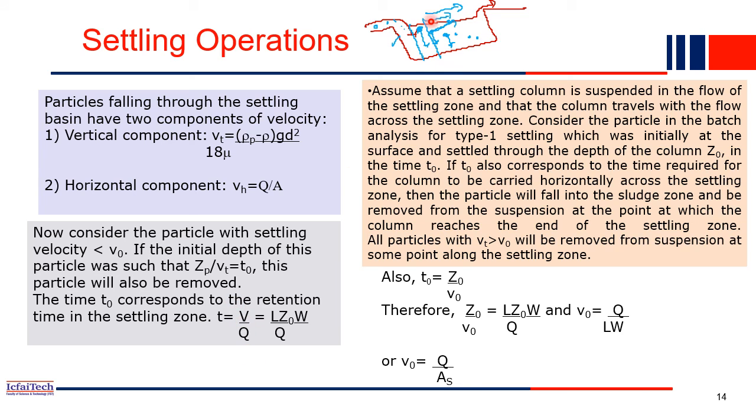So retention time T is denoted as V by Q. V is the volume of this tank, which we can simply find out: what is the height, length, and width? If you multiply these three dimensions, you get V. V is the volume of this sedimentation tank, and Q is the discharge, meaning how much water is delivered at the outlet. You studied this equation in the fluid mechanics course: volume V equals Q into T, so T is equal to V by Q. Volume is length multiplied by depth and width, divided by Q. T is the total retention time.